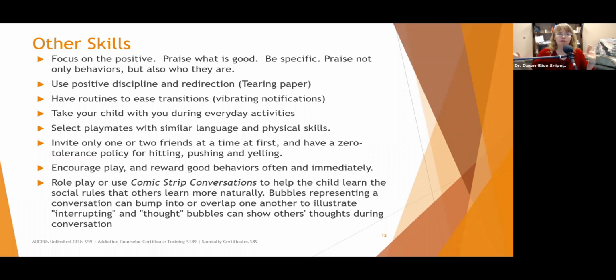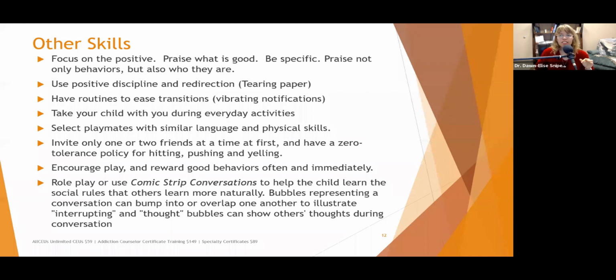There's enough stimulation with different kinds of cereal and chocolate and food and sounds and lights and smells. But once they get the hang of doing that, then you can start going when it's a little bit busier. And if they do well with that, you want to praise that, and then you can start taking them with you to places where there's a little bit more activity.